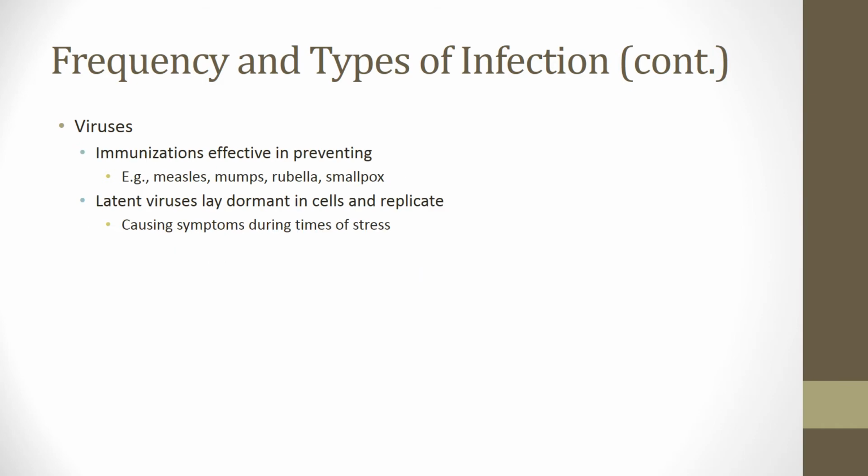So viruses are more or less controlled nowadays, especially those that have been around for a long time, and immunizations are still an effective way to prevent certain viral infections such as measles, mumps, rubella, smallpox, chickenpox. Latent viruses may lay dormant in cells and replicate.